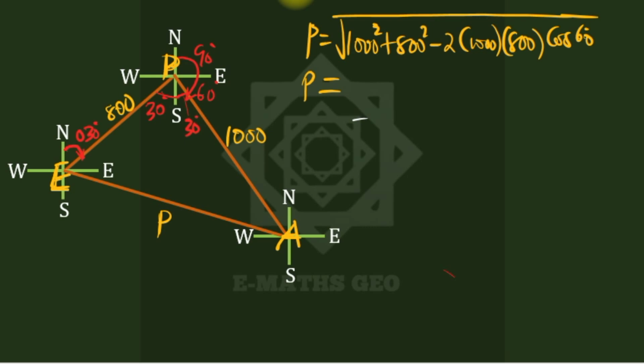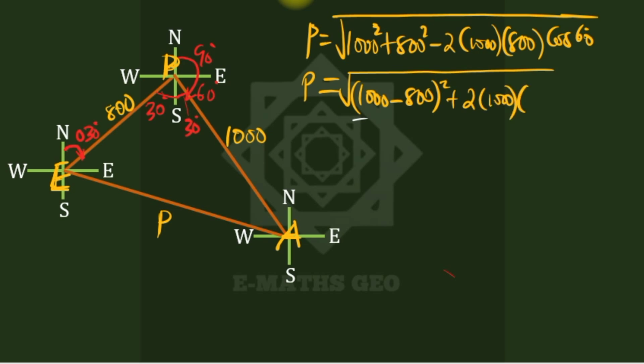I can use a difference, because I'm seeing an addition of 2 squared, which is 1000 minus 800 all squared, plus 2 times 1000 times 800. 1000 squared plus 800 squared is all this, minus, cos 60 is half. So we are left with 1000 times 800.